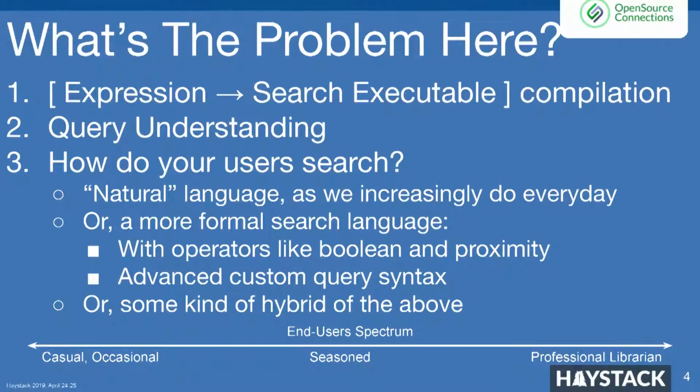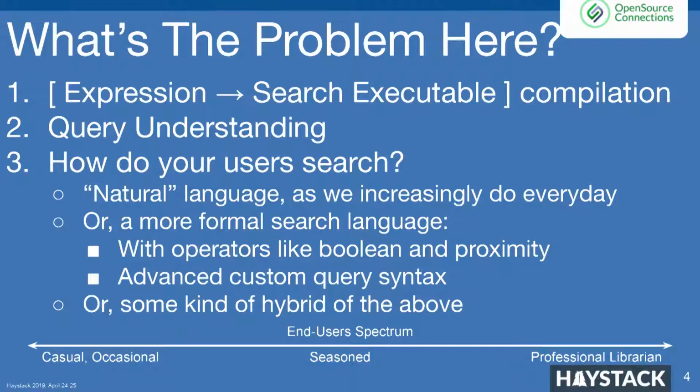Or are users searching with some kind of more elaborate, formal search language with Boolean operators, and, or, not, proximity perhaps, or even more advanced? I mean, people have invented over the history of information retrieval all kinds of operators to describe an intent. And a lot of times it's actually a hybrid of the two. So some search applications have to auto-detect in some ways what sort of language the end user is using.